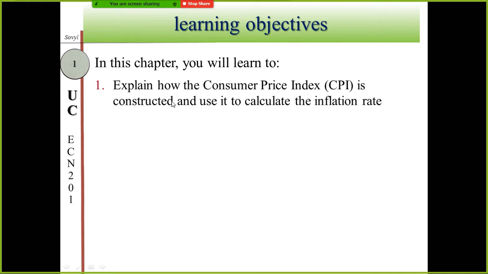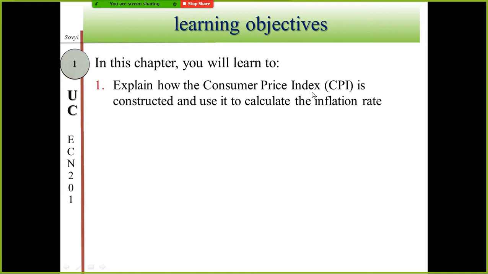Then we will learn to explain how to use CPI in order to calculate the inflation rate. To calculate the inflation rate for one economy, we need to use CPI.